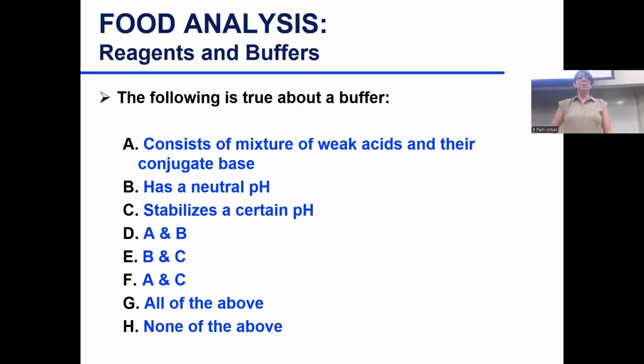So the base is really the salt of the acid. Okay, the salt of the acid is called the conjugate base. So the buffer has a combination of those. You have the weak acid and you have the conjugate base, and that's why they stabilize the pH. So when the pH changes, let's say you're titrating with acid and you have buffer, as protons go into the solution, your conjugate base is going to snatch that proton.